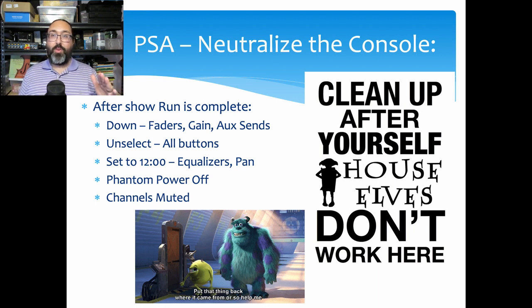We want that to be at 12 o'clock, which is our center. Same with equalizers, their neutral position is at 12 o'clock because with equalizer, you can either amplify or attenuate. And this is going to look strange because I'm doing it my direction and not your direction. But in either case, you want to make sure that it's at 12 o'clock and at that neutral position.